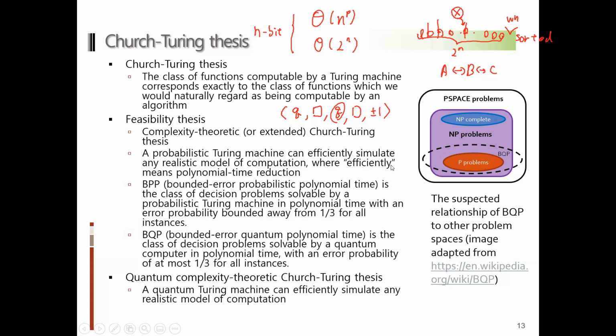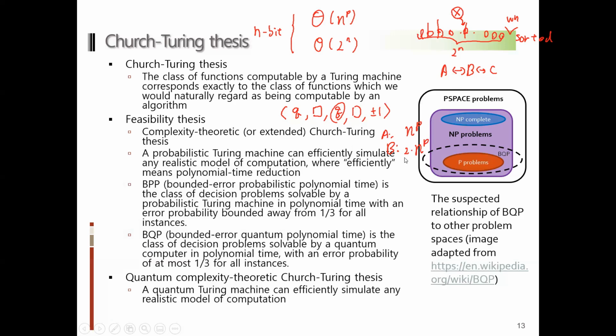Let's say that you have machine A and machine B, and to solve the same problem, machine A might take just n to the p, and machine B might take another n to the p, but with a different multiplication coefficient like 2.